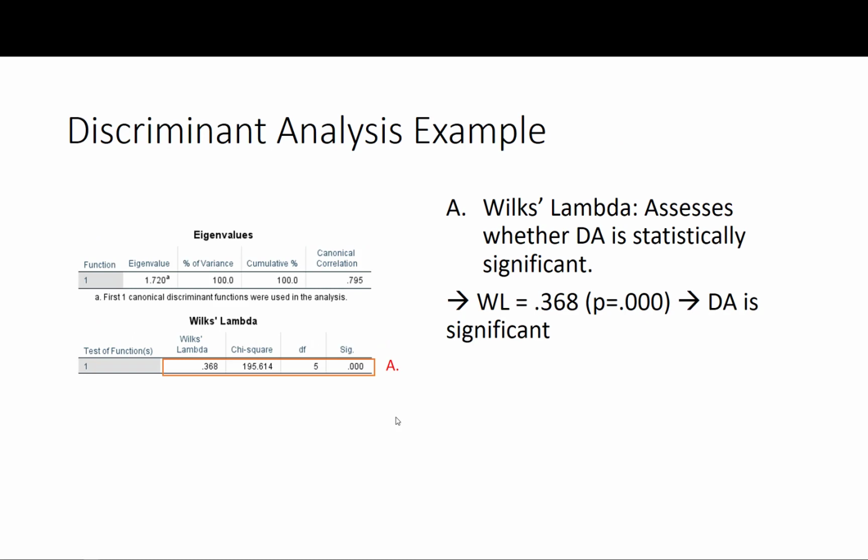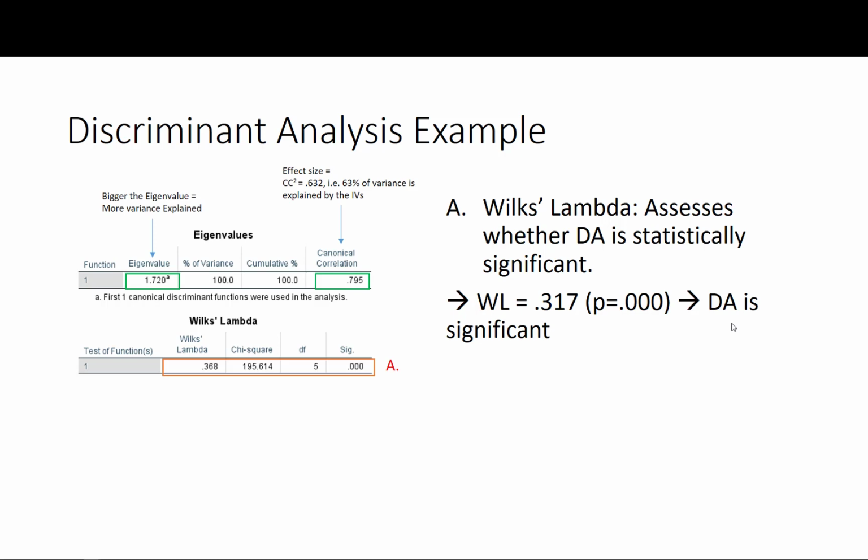So same with our analysis of discriminant output as we did last week. The first thing we need to look at is the Wilks' lambda to assess whether the discriminant analysis is statistically significant, and the significance level is 0.000 with a Wilks' lambda of 0.368, so therefore it's less than 0.05, it is significant.